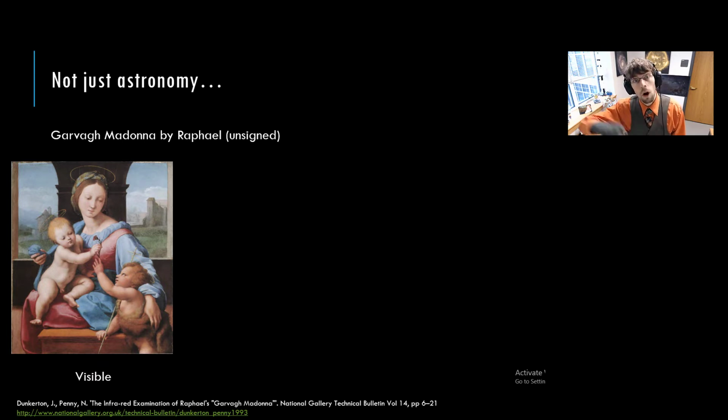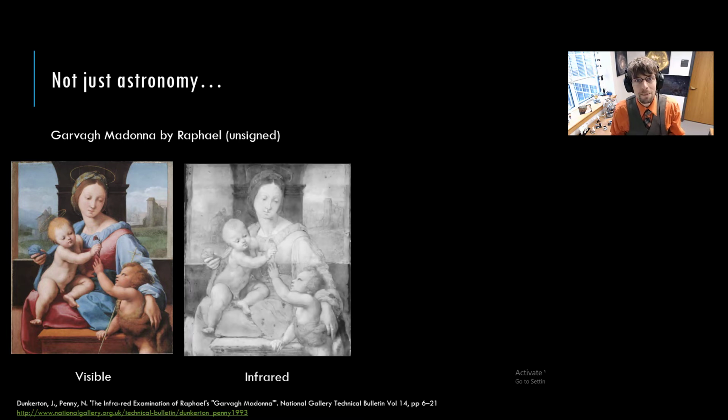Let me do this new artwork instead. Okay? Reusing and recycling. Okay? So visible light won't be able to give you that information. Visible light will reflect off of the top layer and not show you anything beneath the top layer. Well, let's go ahead and use a different type of light.